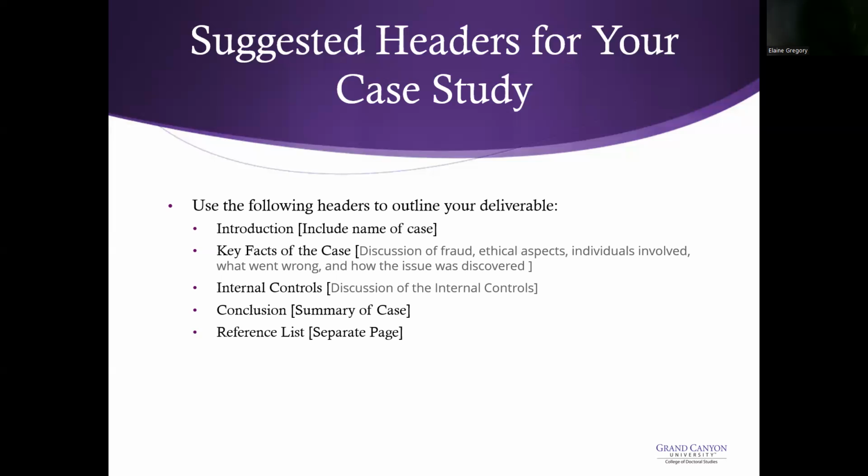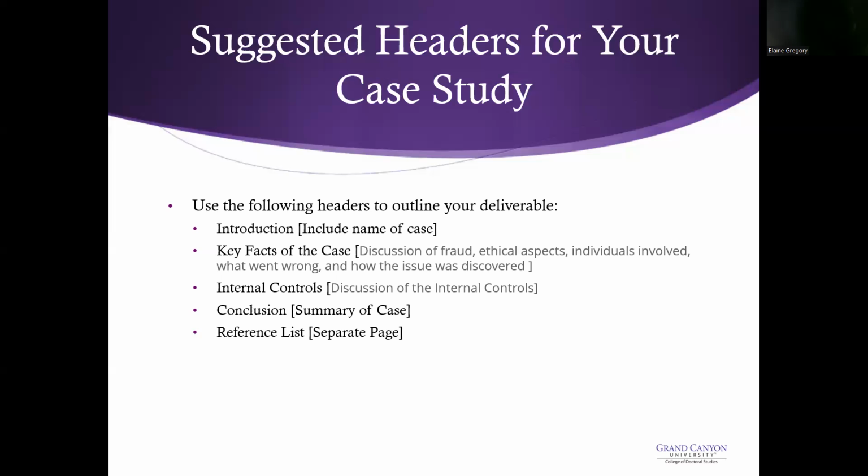A conclusion. And a conclusion in a paper is a summary of your paper. It's not your personal opinion of whether or not people were right or wrong, or what you believe should have happened, but merely a summary of what you wrote. And then you want a reference list, and the reference list is going to be on a separate page.